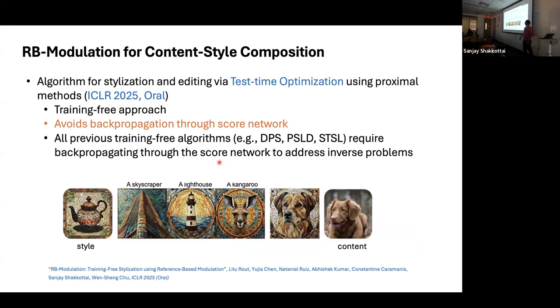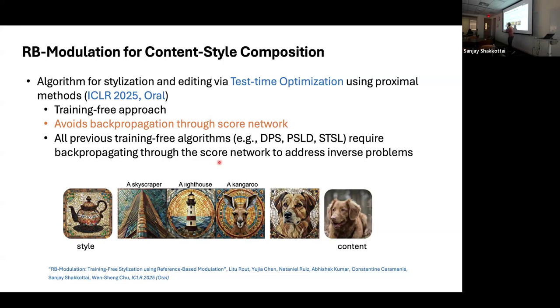RB-Modulation is an algorithm for stylization and editing, like test time optimization, but using a proximal method. What do I mean by that? I don't want to take a gradient through this score network, and you'll see why in the next slide. As before, it's a training-free approach. Every one of the previous algorithms requires this backpropagation, and it's extremely expensive.